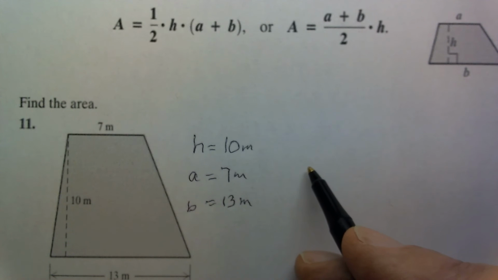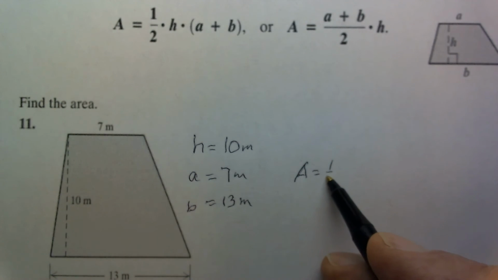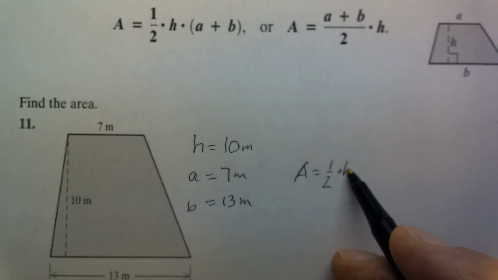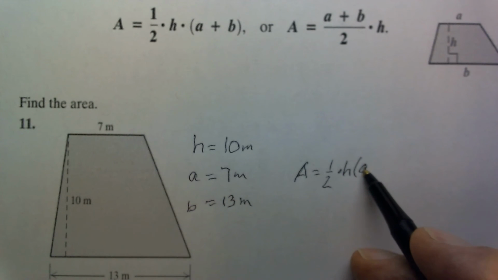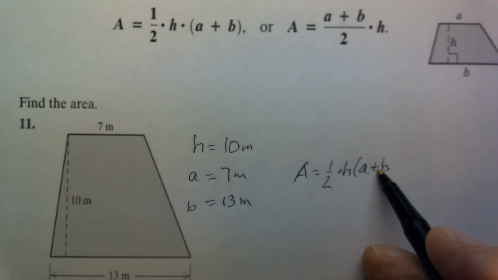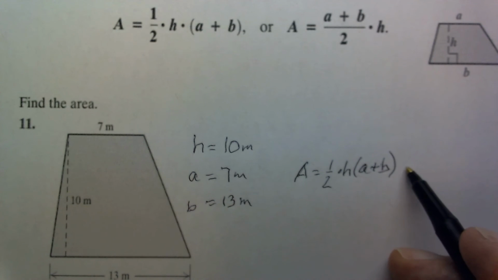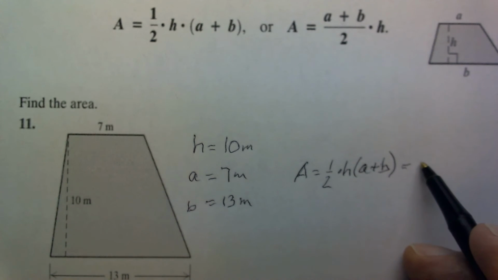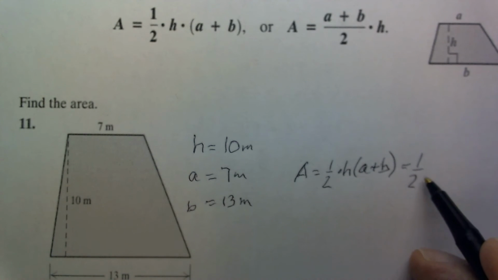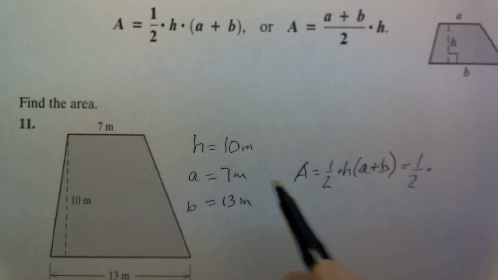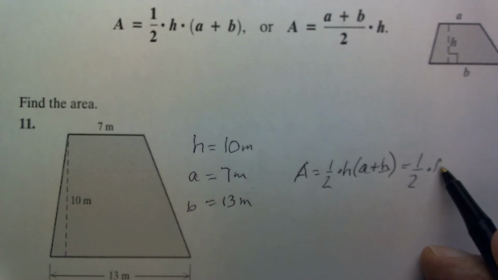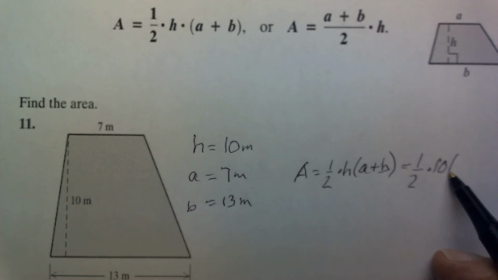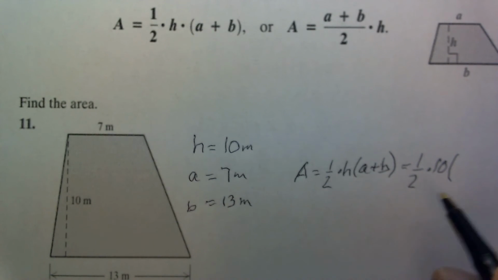So then the area is equal to 1/2 times the height times the sum of a plus b, which in this case is 1/2 times 10, height was 10, times 7 plus 13.